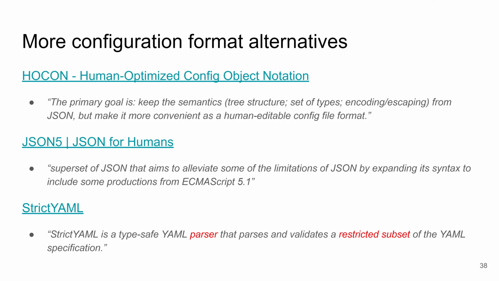And we could go on and on with more and more configuration format alternatives, so I will just list three more. The Human-Optimized Config Object Notation, JSON5, which is an extension of JSON, but a different extension than YAML, and StrictYAML, which is, on the other hand, a restricted subset of YAML that is easier to parse.